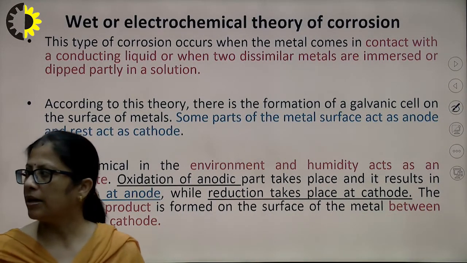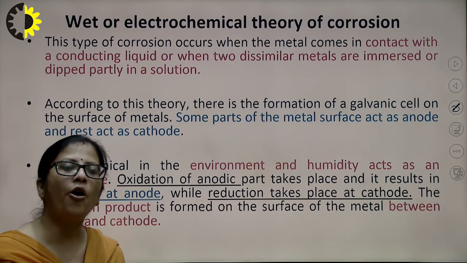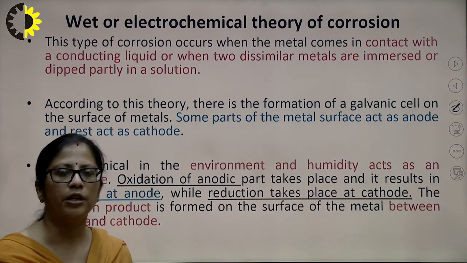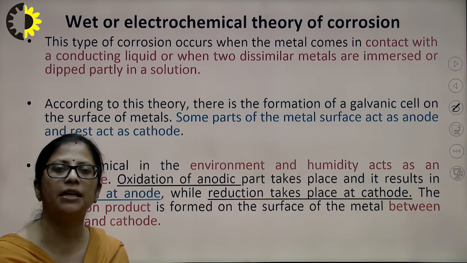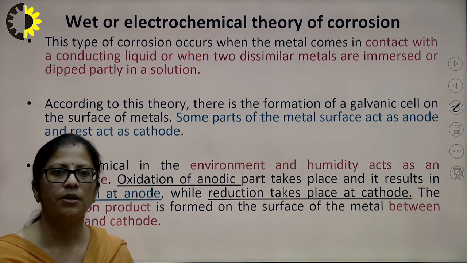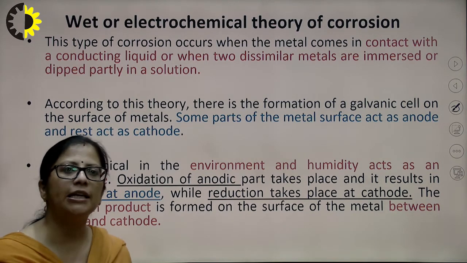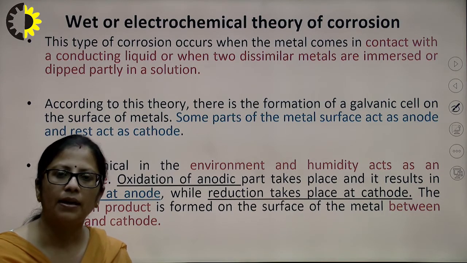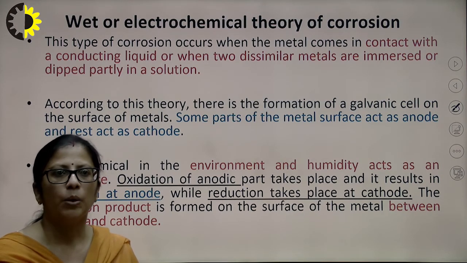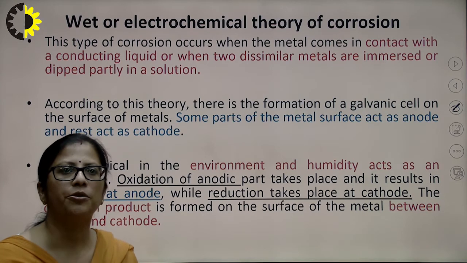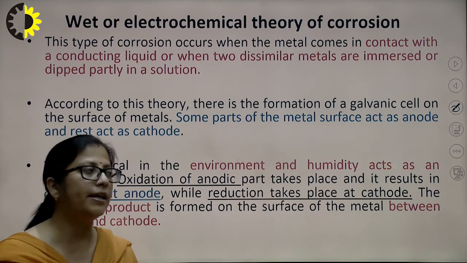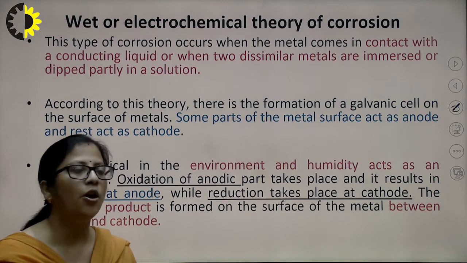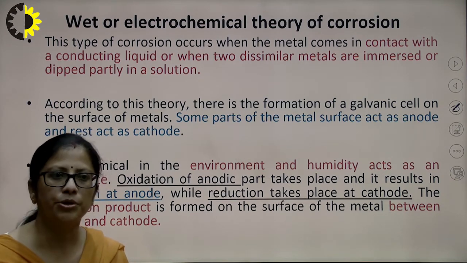Next, coming to the wet or electrochemical theory of corrosion. This type of corrosion necessarily takes place in moist conditions, and it occurs when the metal comes in contact with a conducting liquid, or when two dissimilar metals are dipped partly in a solution.